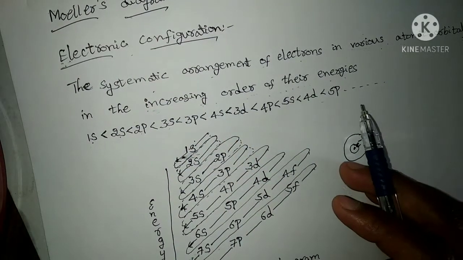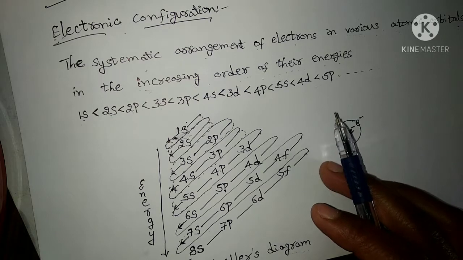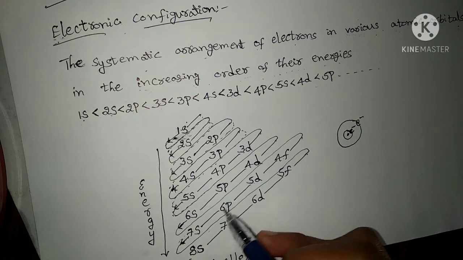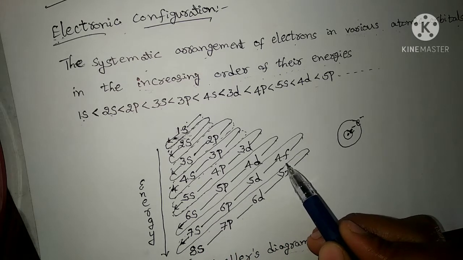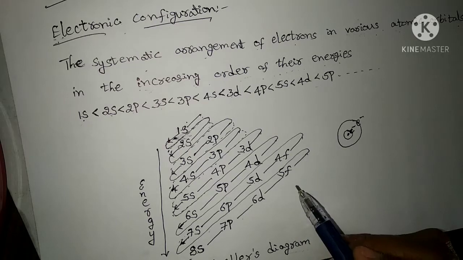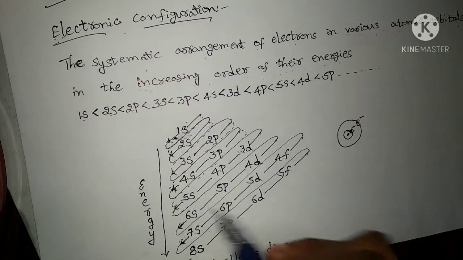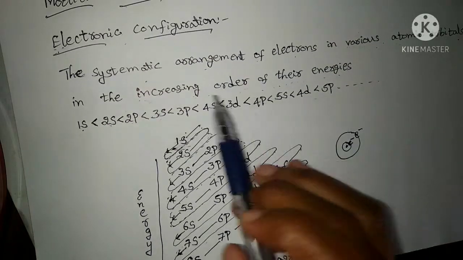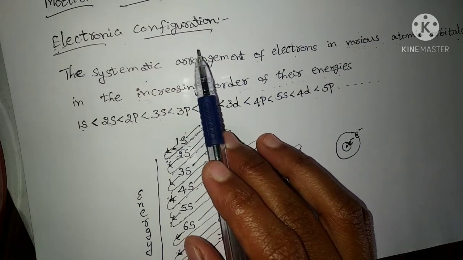For this, we have to remember the capacity of orbitals to hold electrons: for s it is 2, for p it is 6, for d 10 electrons, and for f it is 14 electrons. According to this order, we will write the electronic configurations. About writing the electronic configuration, we will discuss in the coming class.